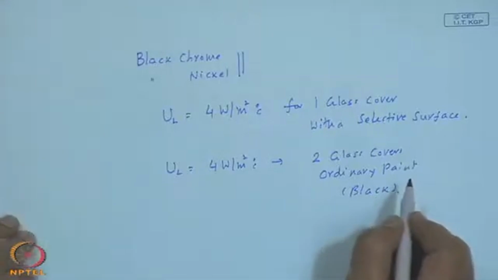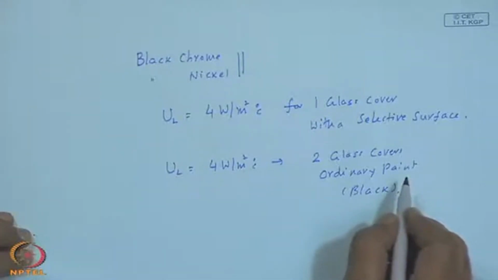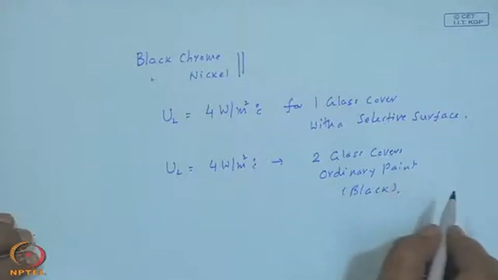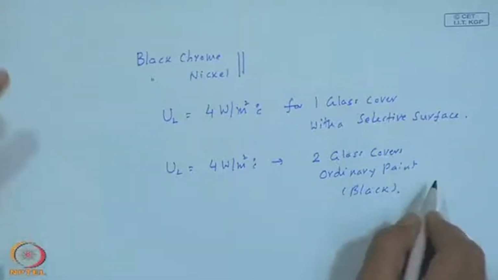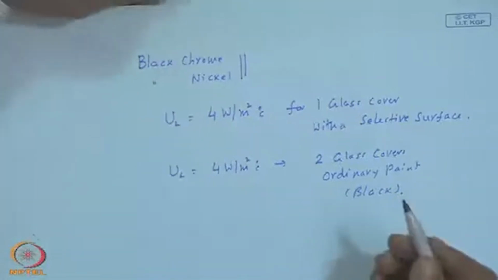So, there is a dilemma whether you go for the black chrome, black nickel selective surface or the 2 glass covers, because the loss coefficients appear to be similar. This is where your operating condition is going to come into the picture.